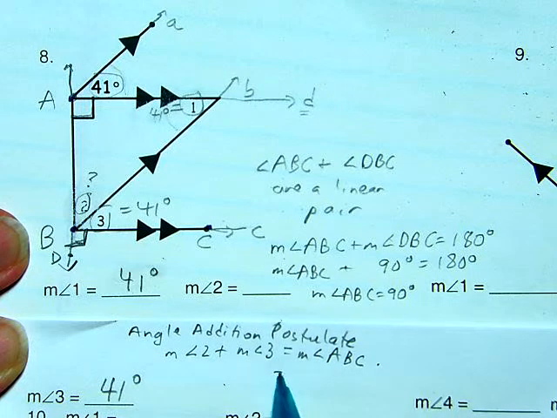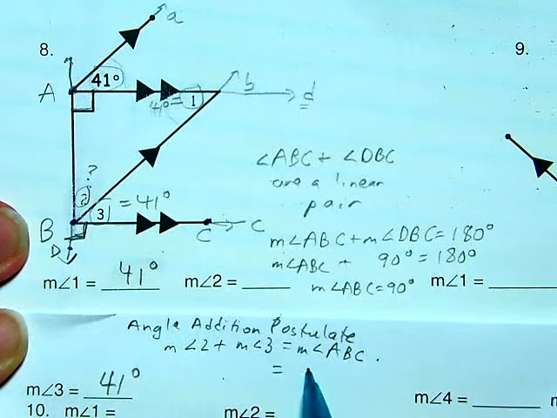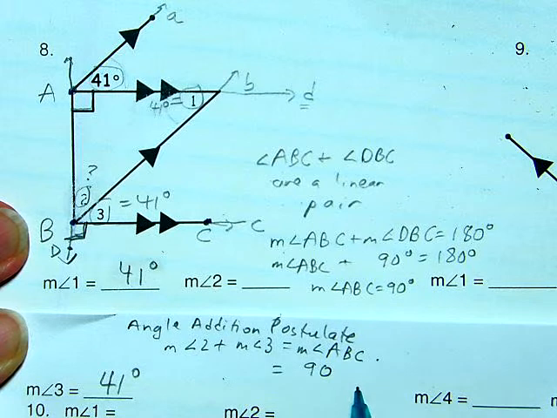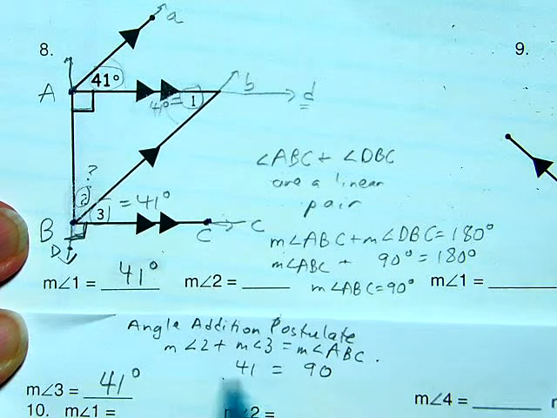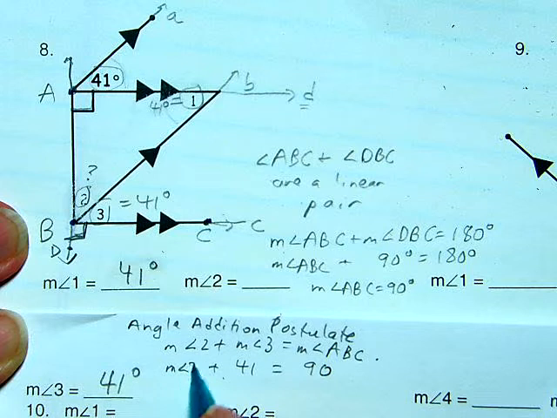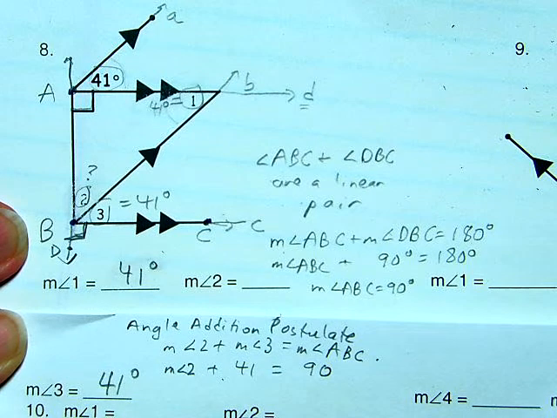Well, now we can use substitution. The measure of angle ABC we know is 90 degrees. The measure of angle 3 we know is 41 degrees, and the only thing we have to solve for is the measure of angle 2. Well, by subtracting 41 from both sides, we find out that the measure of angle 2 has to be 49 degrees.